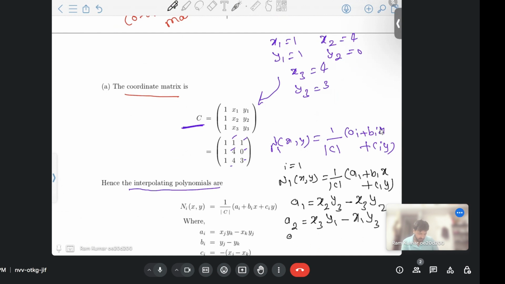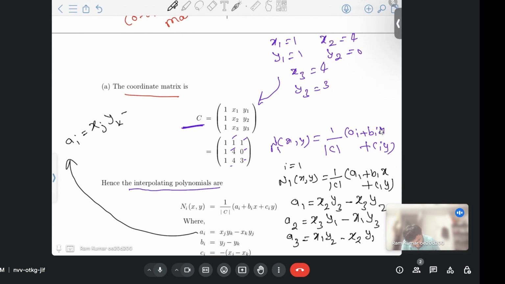Then a3 equal to x1 y2 minus x2 y1. So in general, we can write ai equal to xj yk minus xk yj.